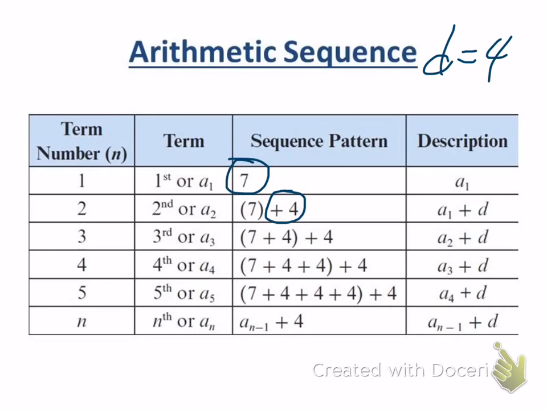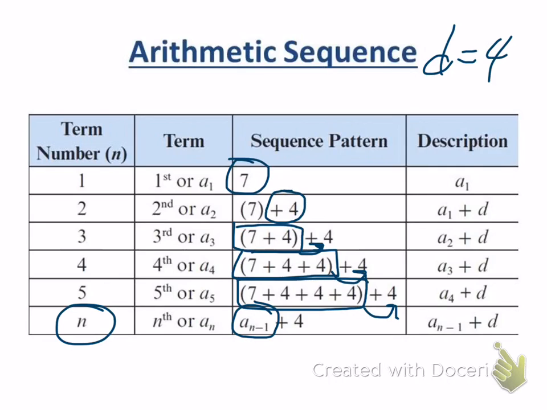And then the next term takes the second term, which was 7 plus 4, and does what? Adds 4 again. And the next one takes that term and adds 4 again. And the next one is that term and adds 4 again. So the nth term is the n minus 1 term plus 4. Okay?